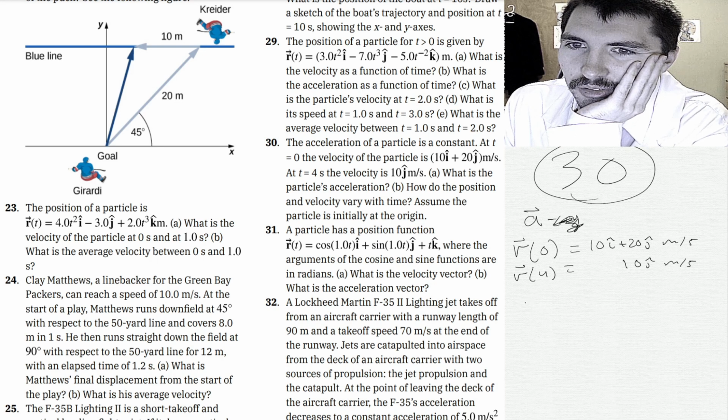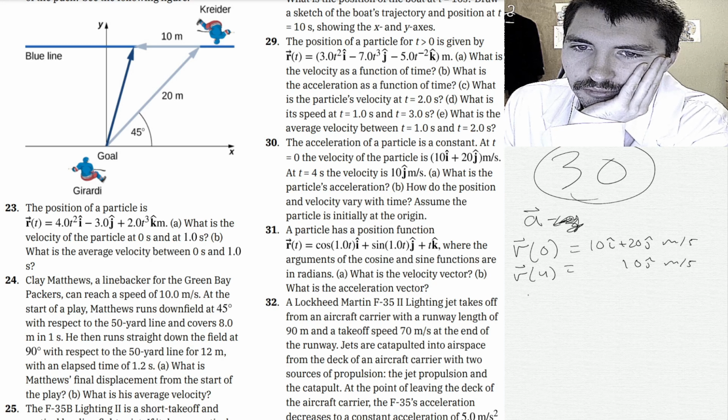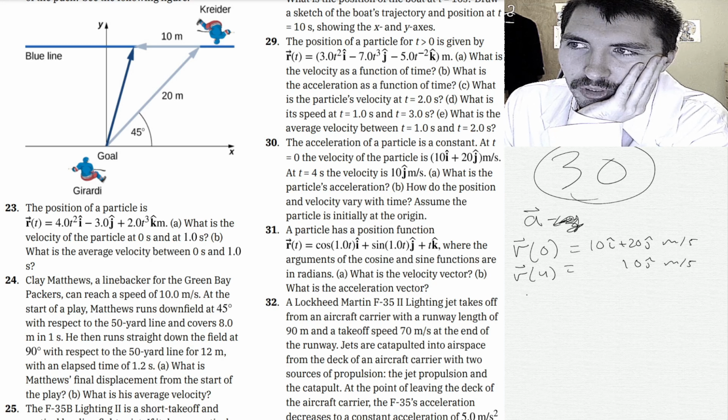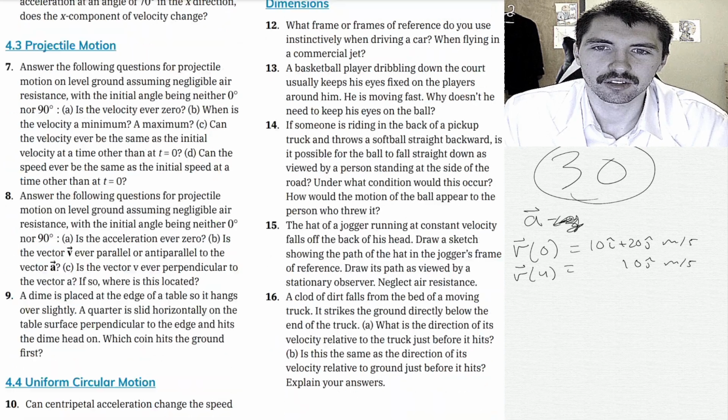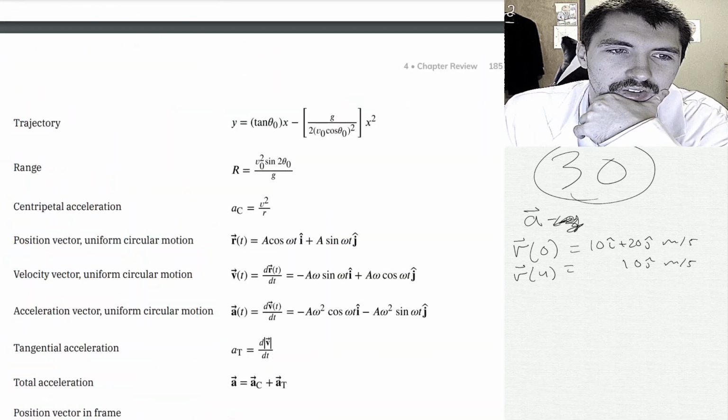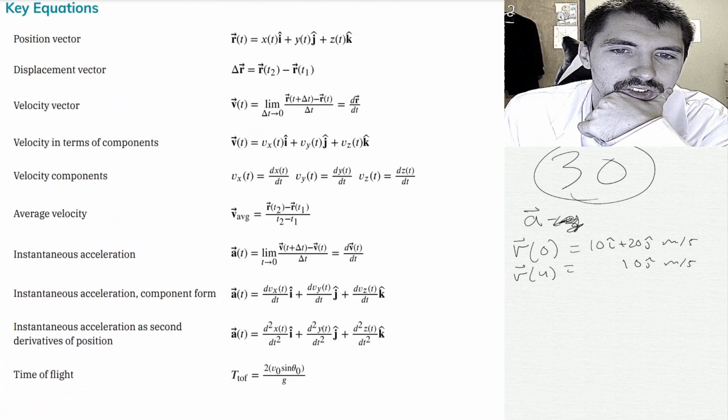Okay, so what is a given v and that? Velocity.